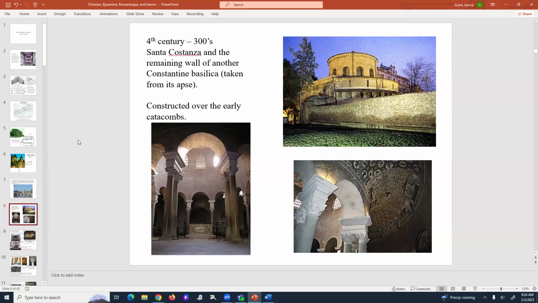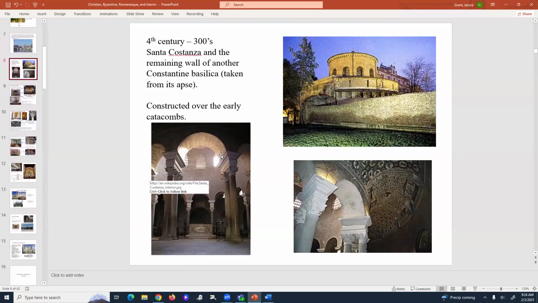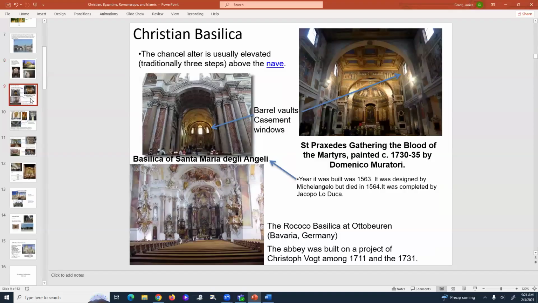So, other examples. It's very dark and we start to see a little bit of those barrel arches, very heavy forms of structure in these buildings. Still, we have a little bit of light coming in from the clerestory above, but the structure is very heavy, with the weight coming down into these thicker columns and walls.